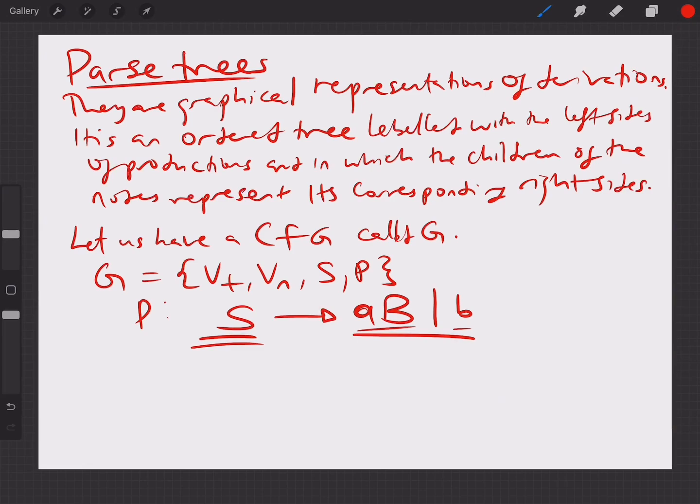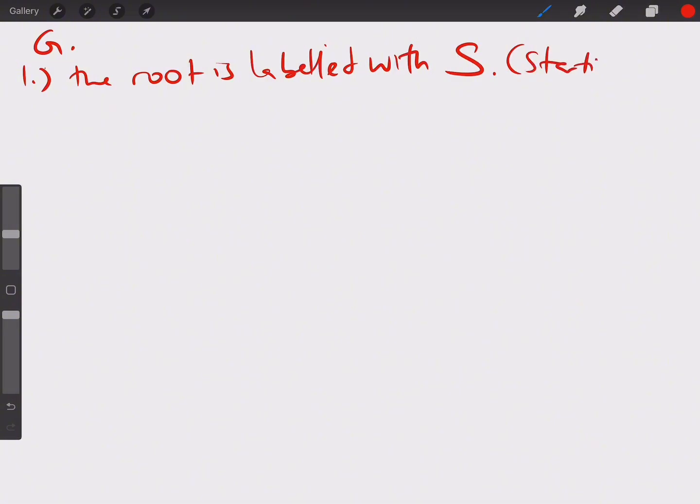What makes an ordered tree a parse tree? We have all those things about G. So what makes this a parse tree? Number one, the root is labeled with S, the starting guy.